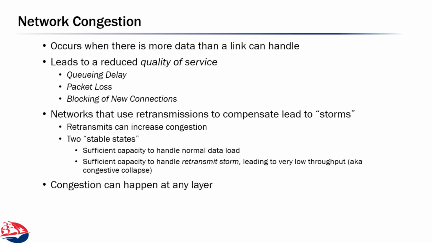Networks that use retransmissions to compensate for network congestion can lead to congestion storms, where the retransmits have to be retransmitted, and that just adds more data to the already congested network. You wind up with more time being spent retransmitting data than actually sending data.